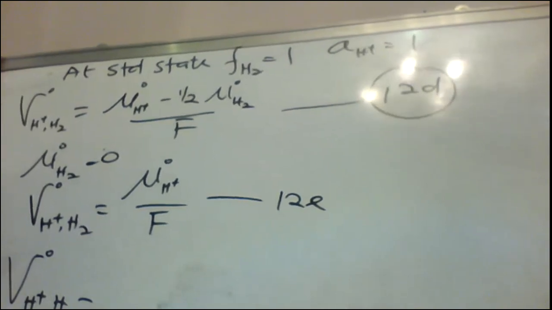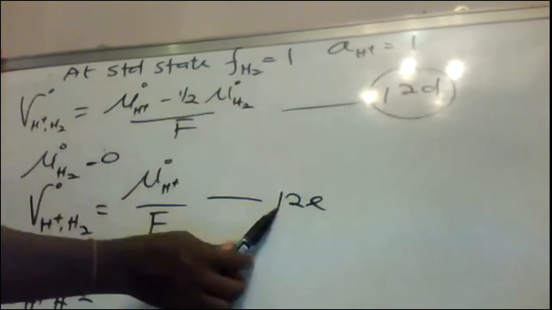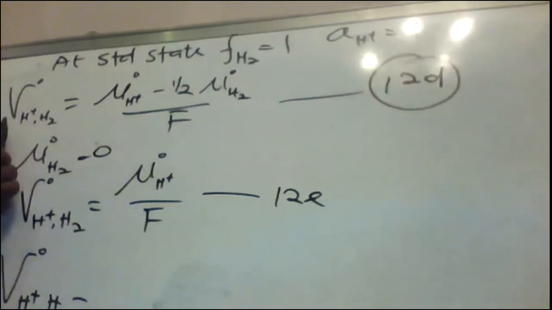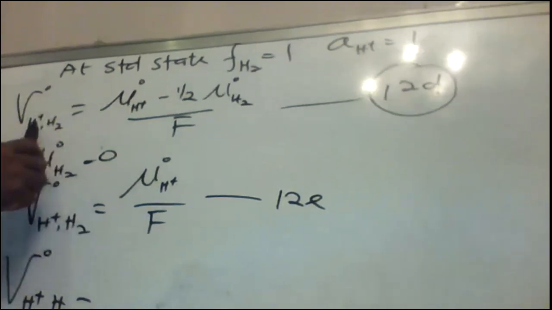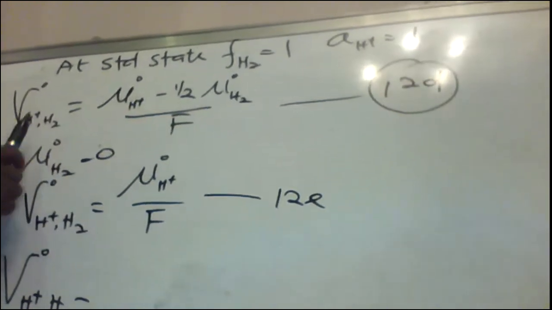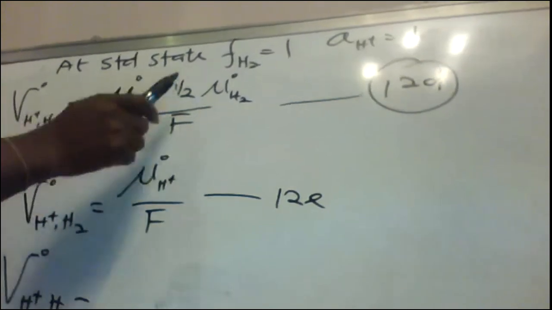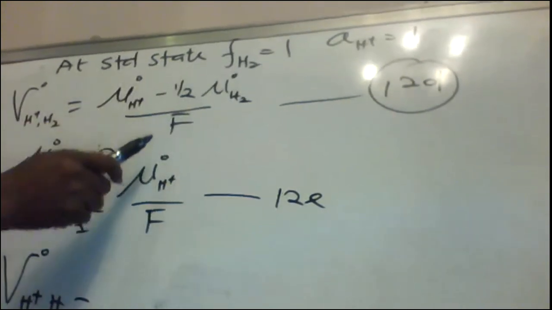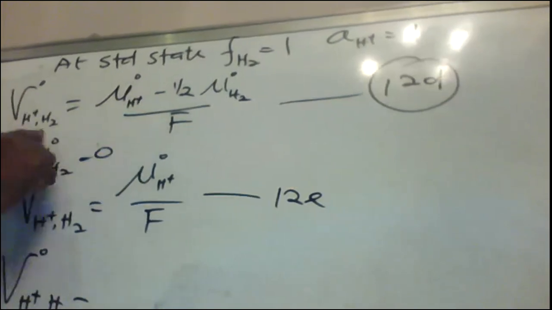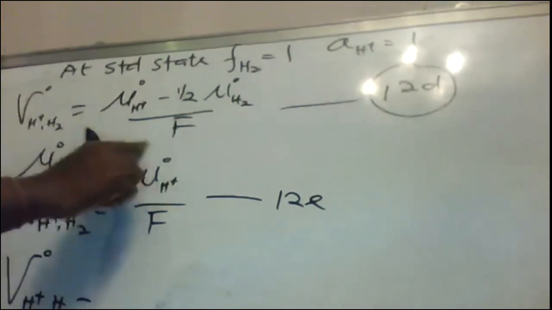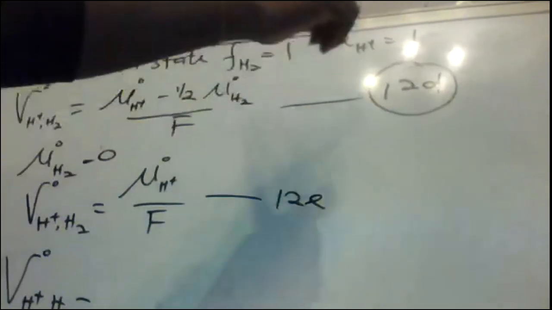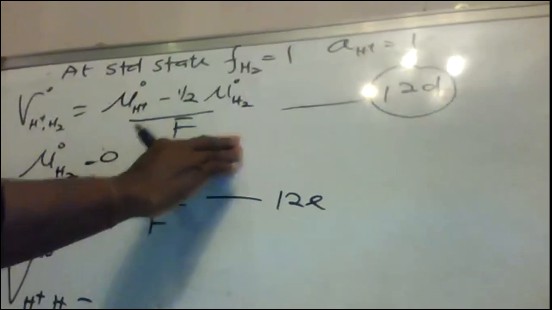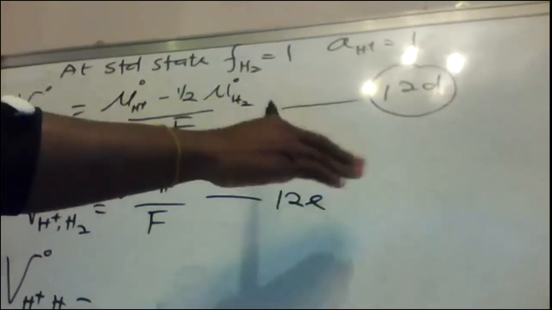So what we are doing is substituting equation 12D and 12E. Where you have mu naught H plus minus half mu naught H2 over F, you are going to substitute this value for that value. If you remember, we said V H plus H2 is equal to the whole of this minus RT over F ln F half.